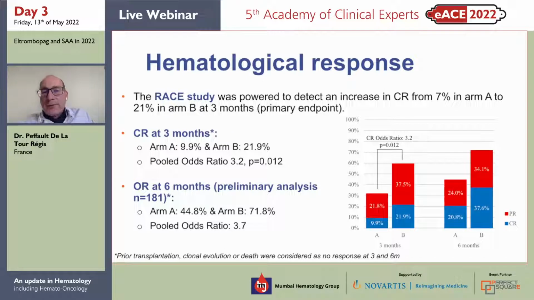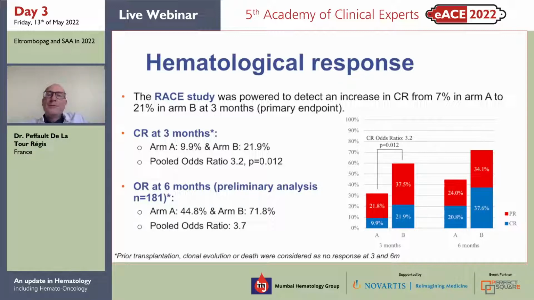Here are the primary endpoint results. As you can see, the result was positive. We observed a significantly higher chance for response using eltrombopag on top of horse ATG plus cyclosporine for patients at 3 months. Basically, the patients in arm A had a 10% complete response rate versus 22% in arm B, which means that the chance for response was 3 times higher, and that was significant.